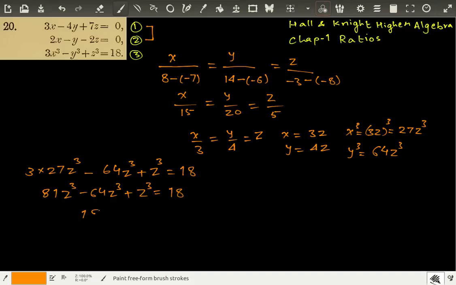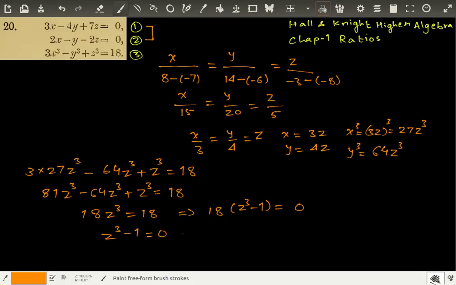So we get 18z cube is equal to 18, and this can be written as 18 times z cube minus 1 is equal to 0. So z cube minus 1 is equal to 0.